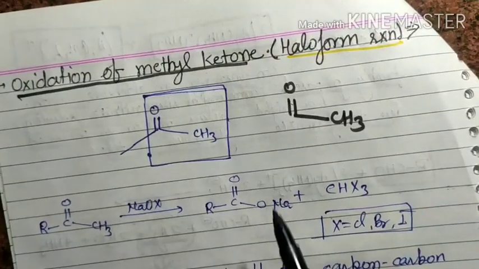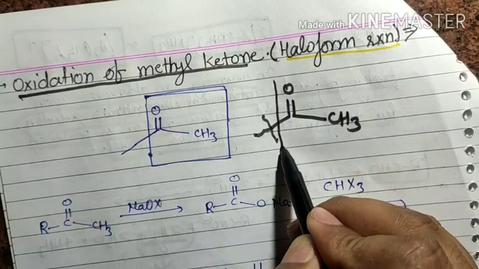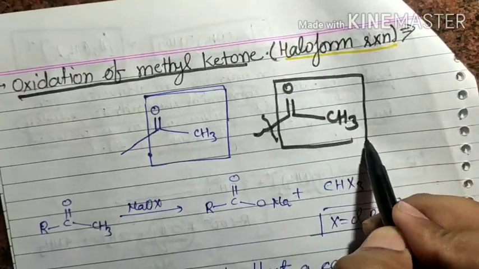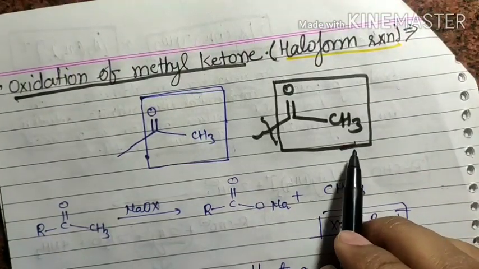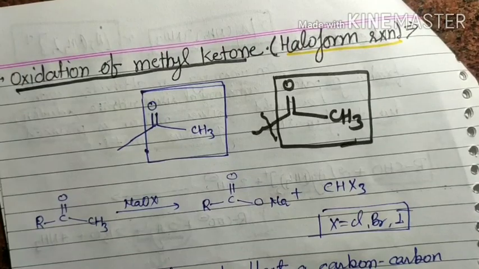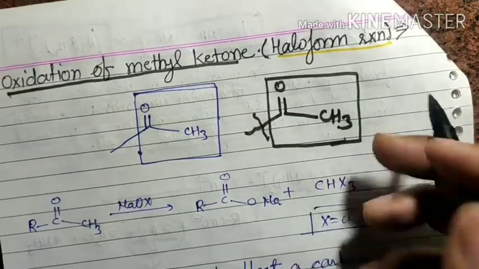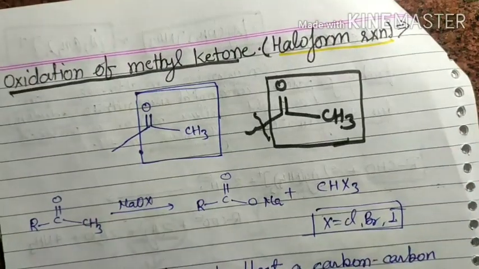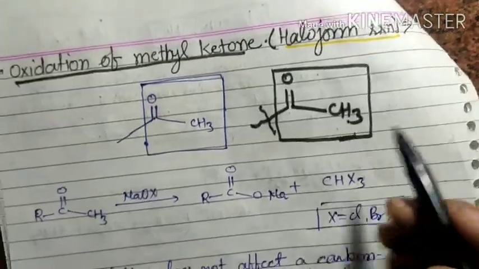Any ketone which has this arrangement gives the haloform reaction. First, you should know that this is an oxidation of the ketone. The ketone which has a CH3 group attached to C double bond O gives this reaction, and the rest of the ketones which do not possess this structure do not give the haloform reaction.